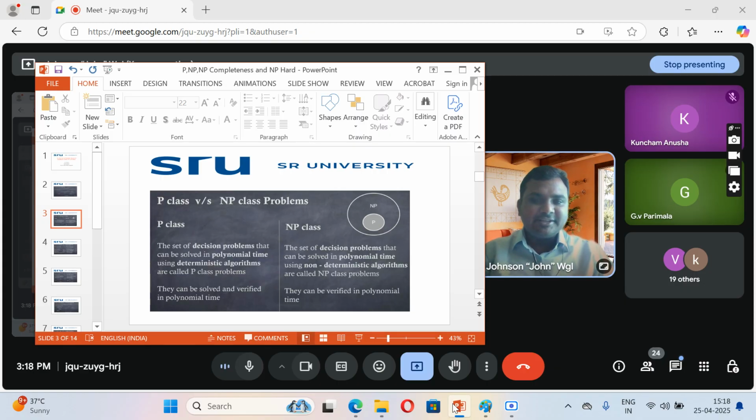Then n square, n cube, these are all polynomial time. What is exponential time? Exponential time is 2 to the power of n, 3 to the power of n, 4 to the power of n. Those are exponential time. P class means the problem we can solve and verify.